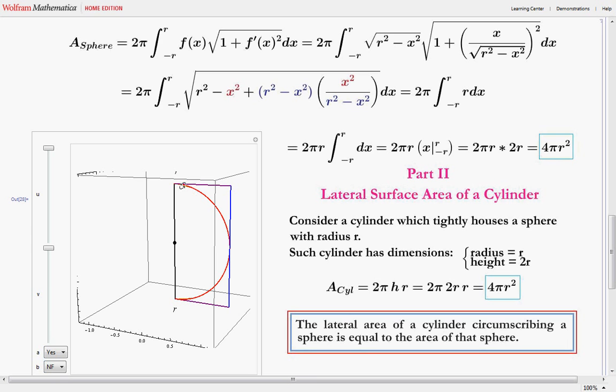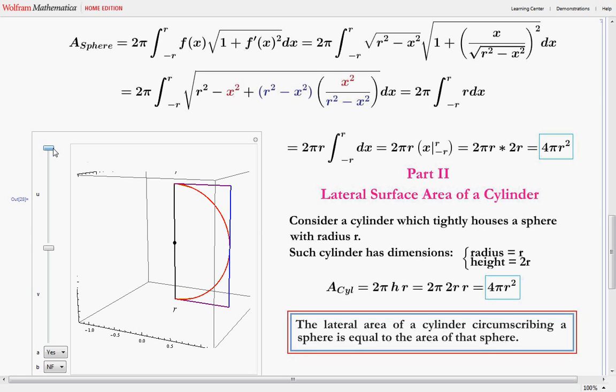Compare the length of the half circumference, marked here in red of course, with the length of the diameter, marked here in blue. So half of circumference is pi r, which is approximately 3.14 r, while the length of the blue line segment is simply 2r, the length of the diameter. So we have 3.14 r versus 2r.